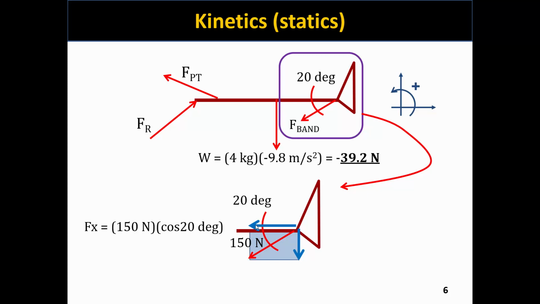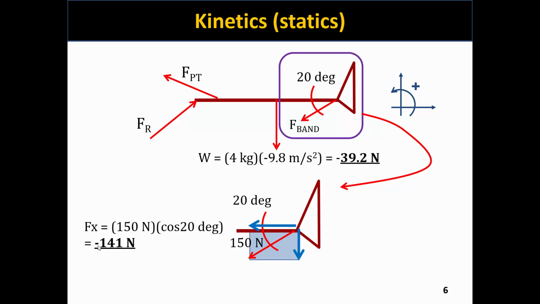So this value will always be less than 150 newtons, provided that the 150 newtons is at some angle greater than 0 from the lower leg. We're going to use the cosine function because we want the adjacent length to the angle of 20 degrees. When we perform our calculations, we find a value of negative 141 newtons.